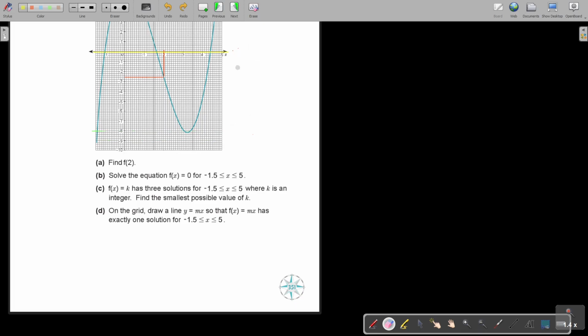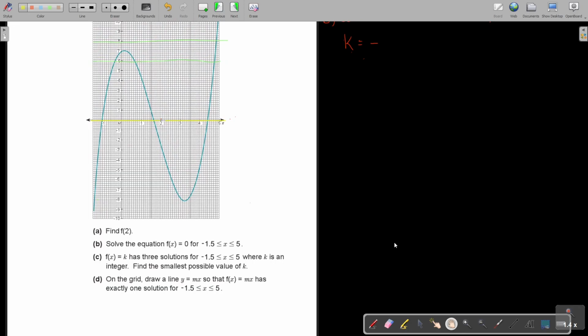Okay, now I just want to make the rubber a bit bigger and then clean. Okay, that's clean.